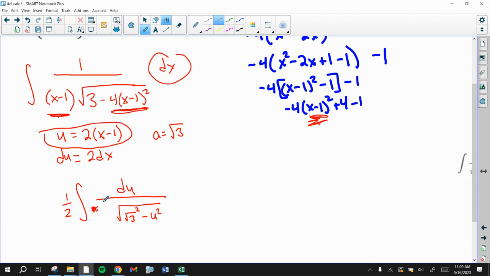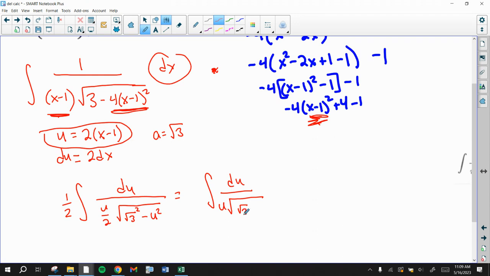So let's change the x minus 1 that was here to just u over 2. So that whole thing's divided by 2. So you multiply by the reciprocal. That's going to be 2 over 2 on the outside. So just simplifying a little bit, this is going to be 1 times the integral of du over u times the square root of a squared minus u squared.